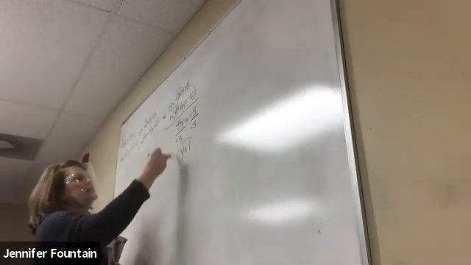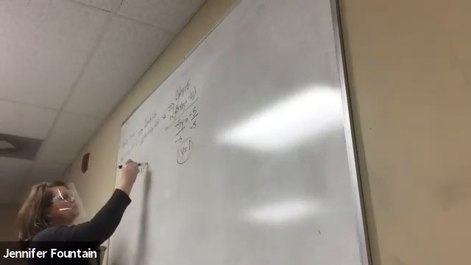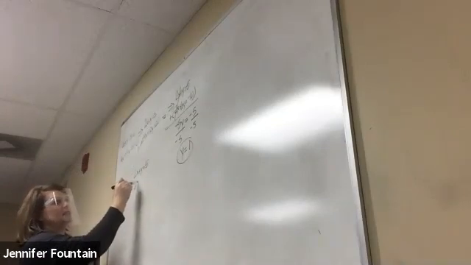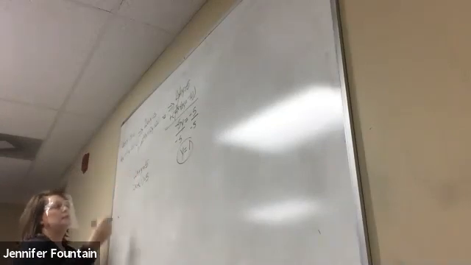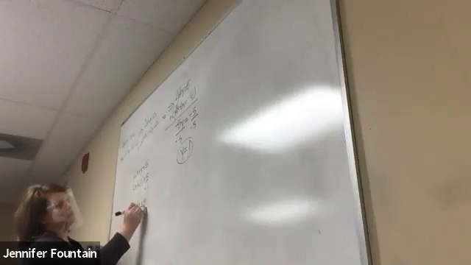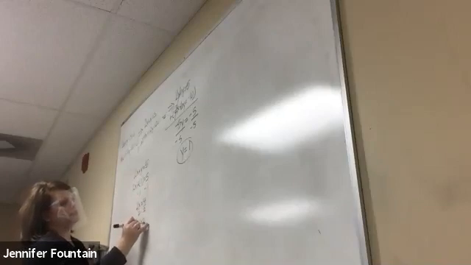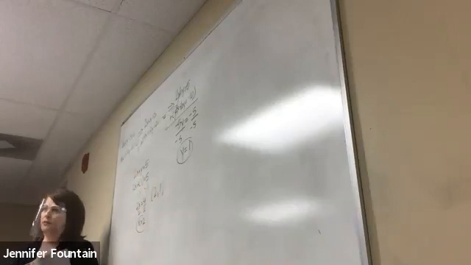So now I know that y is equal to 1. I'm going to take my first equation, 2x plus y equals 5. 2x plus 1 equals 5. So I subtract 1, 2x equals 4, divide by 2, and x equals 2. So my solution is 2, 1.